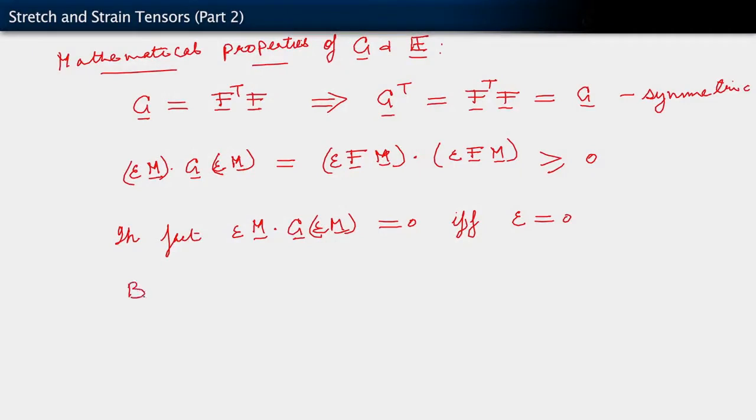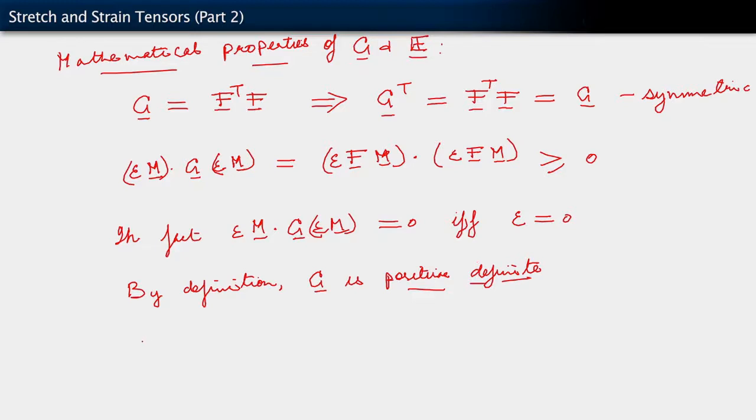Can you recall what that is? We've essentially defined a particular property for C. By definition, C is also positive definite. Okay, and the last two lines are essentially the definition of a positive definite tensor. Okay?